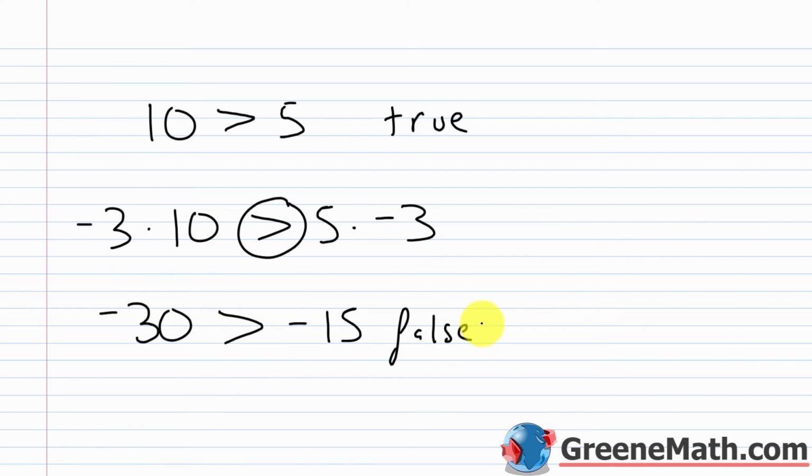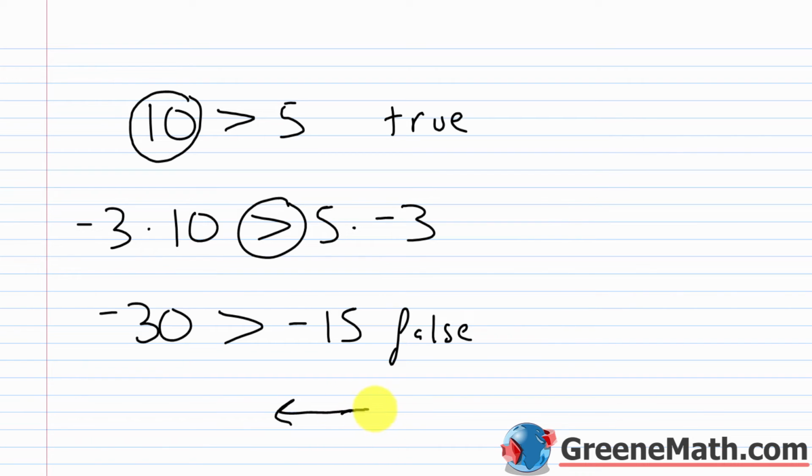It doesn't work anymore. And one of the reasons you can think about this is, if I'm starting out with a bigger number, when I multiply it by a negative, I'm going to have a bigger negative, and a bigger negative is actually a smaller number, right? As the numbers get bigger and bigger in the negative direction, they're actually getting smaller. And I know, if you haven't had a lot of experience thinking about integers in that way, it might be a little confusing, but just think about your number line.